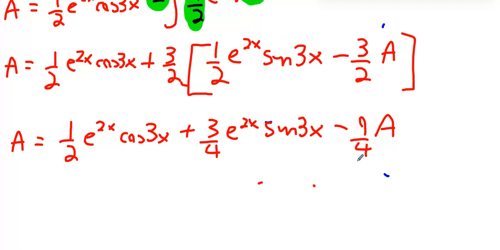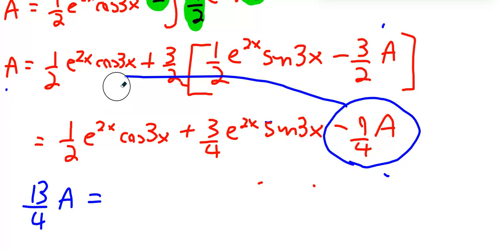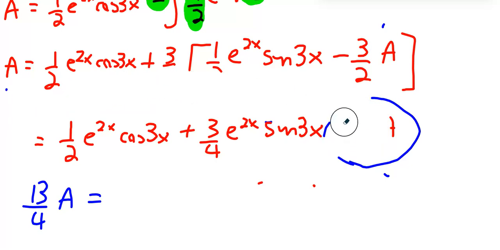Now see that minus 9 over 4A, what am I going to do with it? I'm going to send it over to join the other A, which is technically 4 over 4A. Add them together, 13 over 4A basically equals this part here.